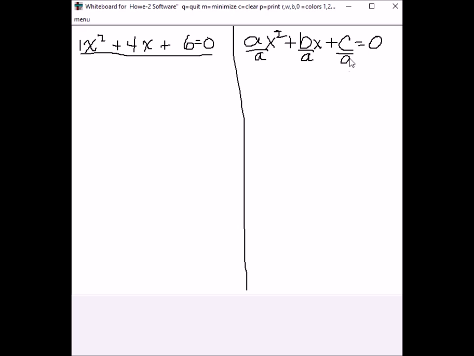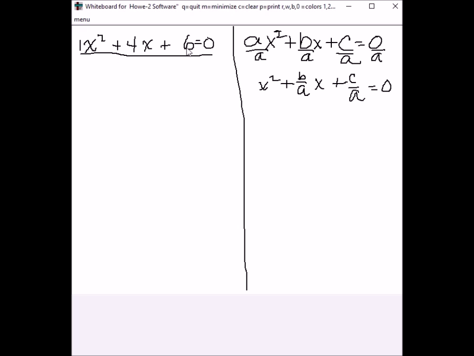Not be scared. And I would get x squared plus b over a x plus c over a equals 0. So this side, you can see, it's a little more complicated, but it is a proof.